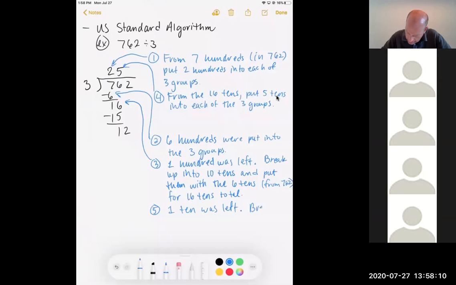So we can break up the 10, because now we consider that number as 12, right? Instead of just 1 ten left over.